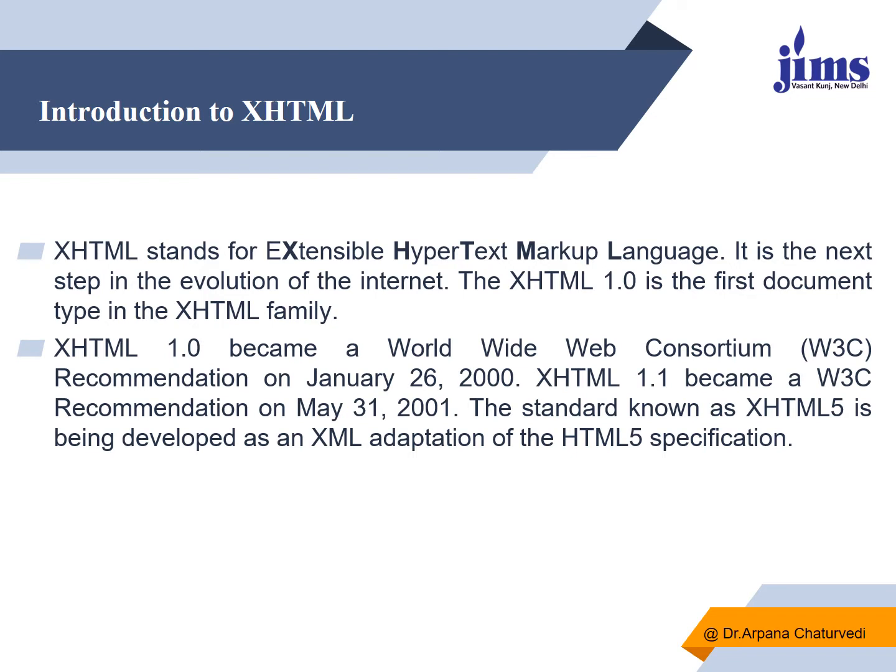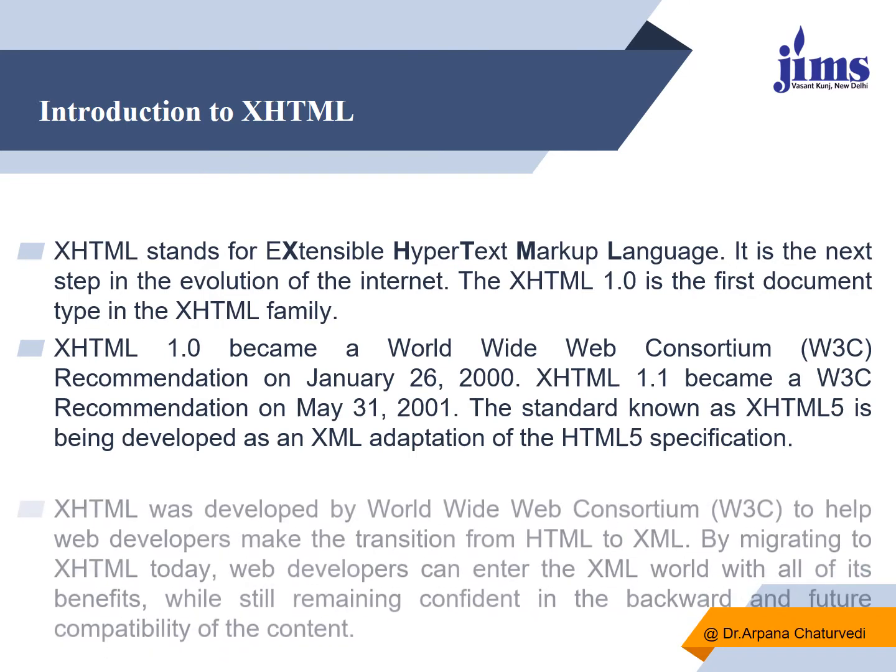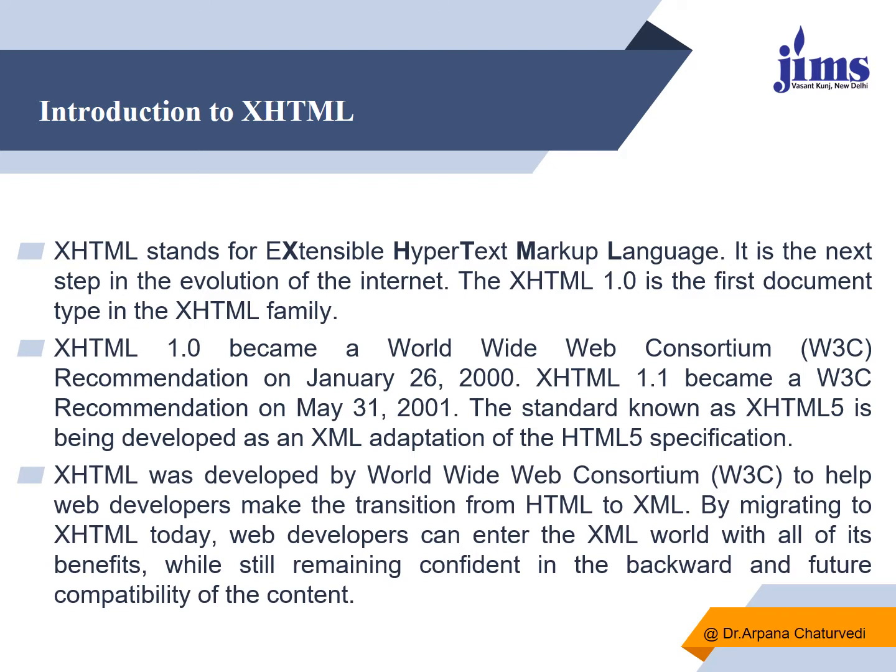XHTML 1.0 is the first document in the XHTML family, and it became a recommendation of the World Wide Web Consortium on January 26, 2000. XHTML 1.1 became a W3C recommendation on May 31, 2001, and the standard known as XHTML5 is being developed as an XML adaptation to the HTML5 specification.